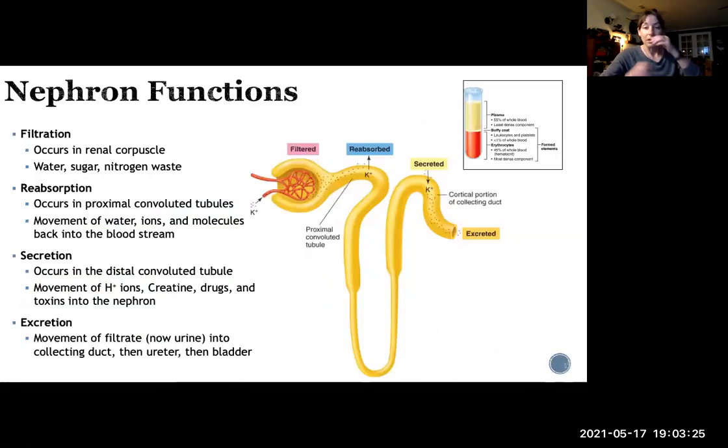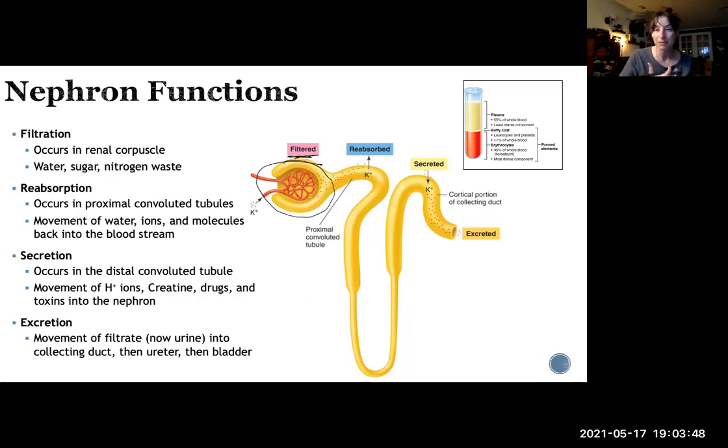Okay, the nephron, again, has technically 4 specific functions going on here. You have filtration. That happens inside of the glomerular capsule. So you're filtering the blood within the glomerular capsule.